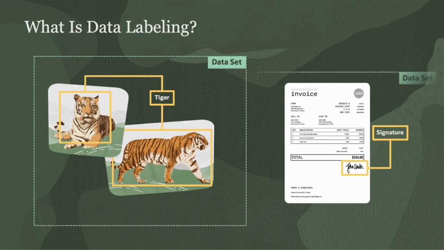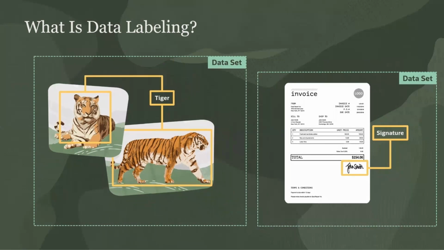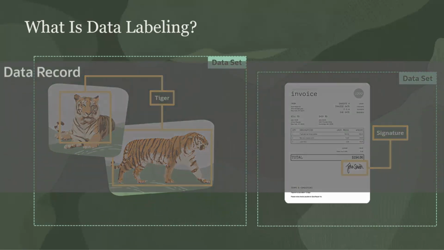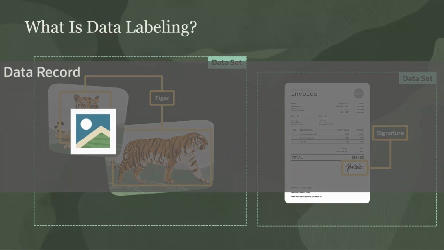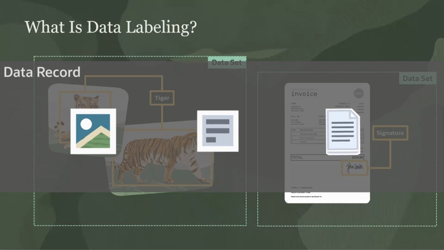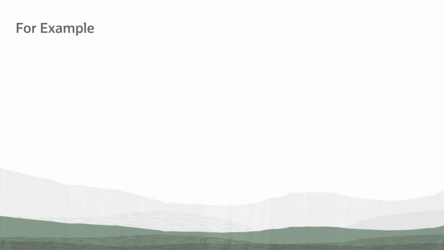Datasets are the core resource of data labeling service. Datasets are made up of data records and their associated labels, such as tigers or signature in this case. A data record is nothing but individual images, text files, or documents. These datasets are accessible and interoperable across other data and AI services to support supervised machine learning.